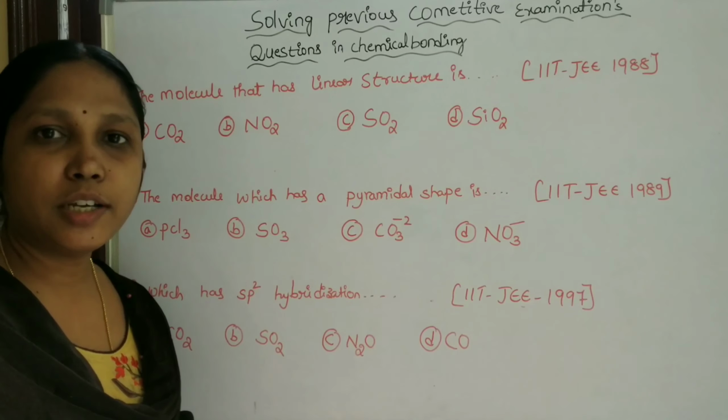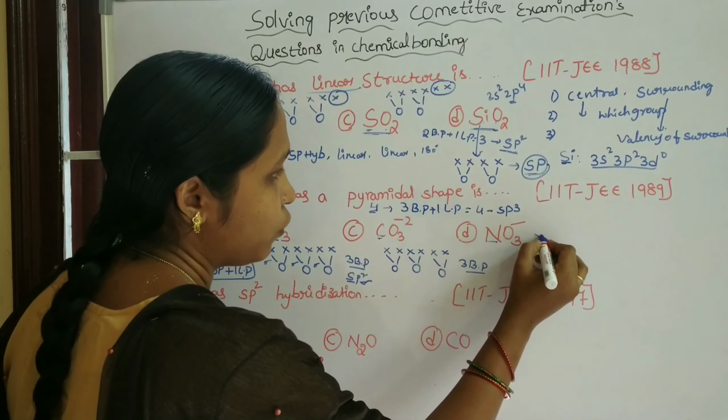Each oxygen combines with 2 electrons and forms 3 sigma bonds and 3 pi bonds. Only the 3 sigma bonds count as bond pairs, so again sp2 hybridization. sp2 means trigonal planar.